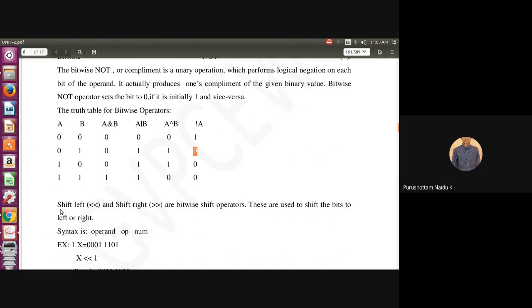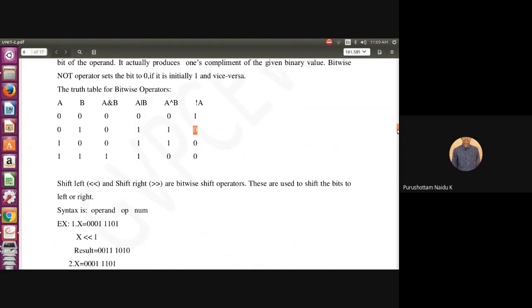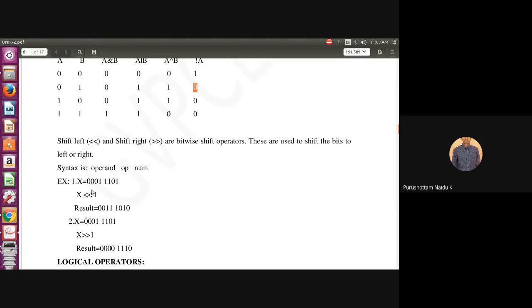One more type of operators are called shift left and shift right. Let's take x as one operand, represented as bits like this. If you want to perform x shift left by one, the leftmost bit is discarded and a zero is added to the rightmost end.